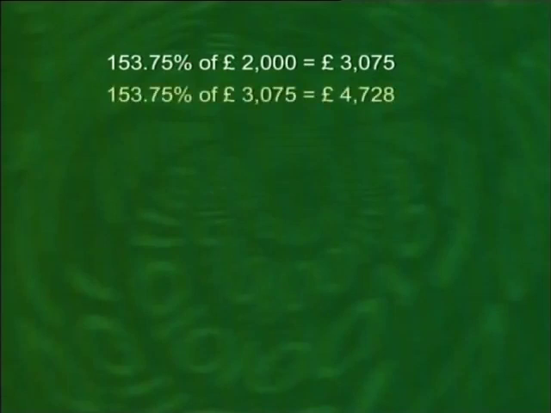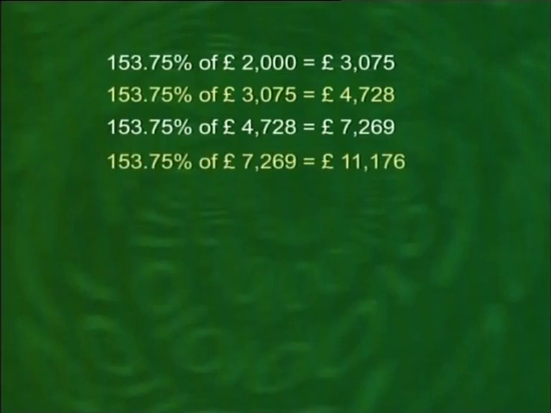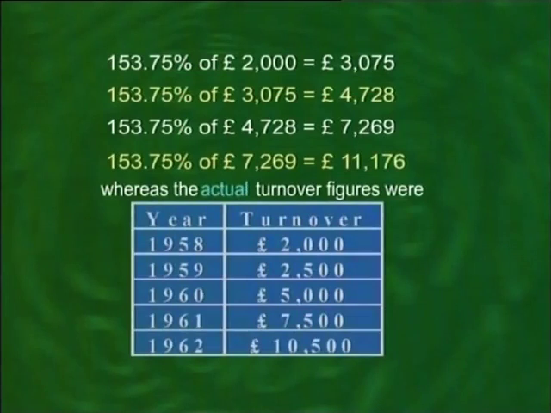153.75% of 2000 equal to 3075, 153.75% of 3075 equal to 4728, 153.75% of 4728 equal to 7269, and 153.75% of 7269 equals 11,176. यानी इस रेट के मुताबिक अगर चलते जाएं तो 1962 में the turnover comes out to be 11,176 pounds sterling, whereas the actual turnover figure for 1962 is 10,500 pounds sterling.